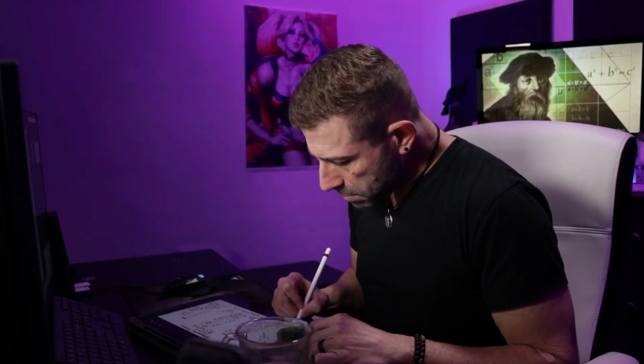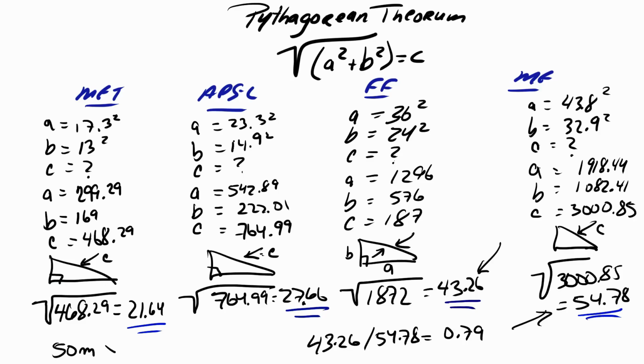If we do 50 millimeter and multiply that by 0.79, what do we get? Exactly, 39.5, hence 40 millimeters. And that's how that number came up. Very simple, right? The same thing with your f-stop. If you take that 3.5 f-stop and multiply it by 0.79, you end up with right around 2.8.